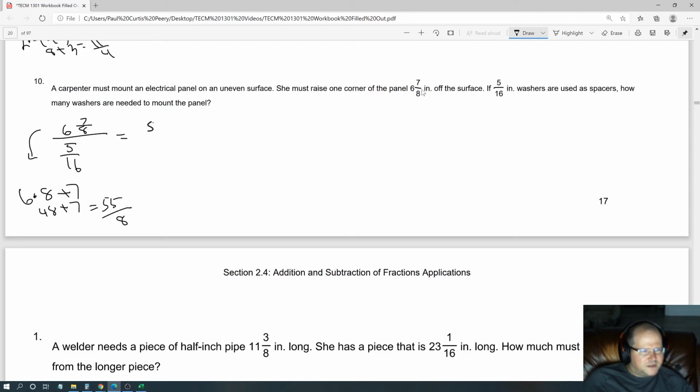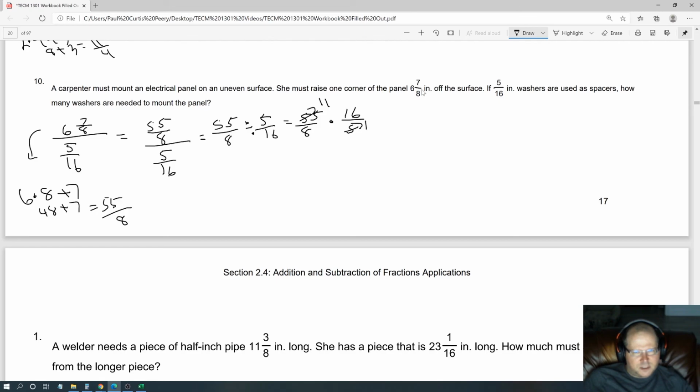That gives me 55 eighths over 5/16, which is the same as 55 eighths divided by 5/16, which gives you 55 eighths multiplied by 16 fifths. I can say 55 divided by 5 is 11, 5 divided by 5 is 1, 16 divided by 8 is 2, 8 divided by 8 is 1, which gives me 22 over 1, which is just 22. So I need 22 spacers apparently.